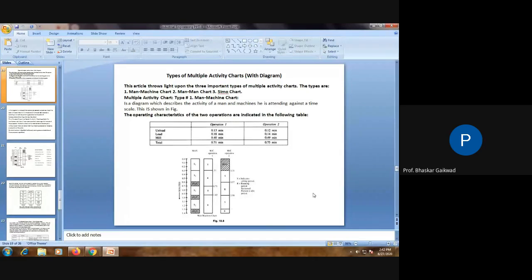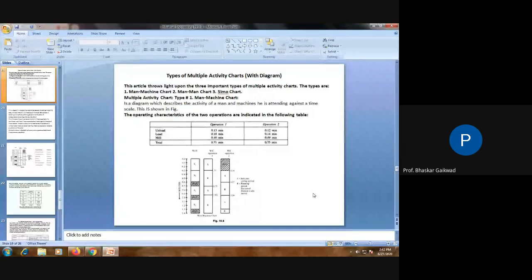Here multiple activity contains man machine charts. It is the diagram which describes the activity of man and machine he is attending against a time scale. This is shown in these figures. The operating characteristics of the two operations are indicated in the following tables. Suppose two machines are there and one man.